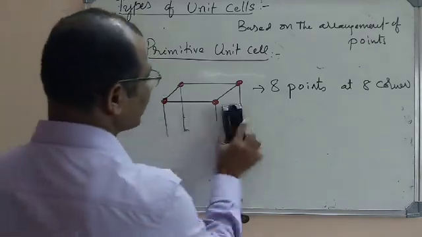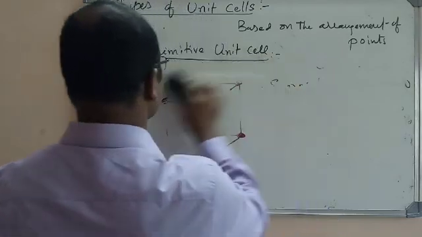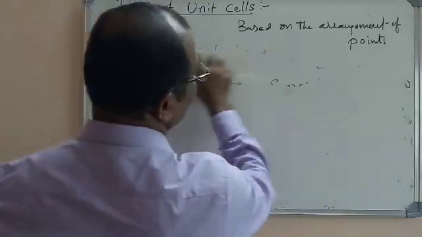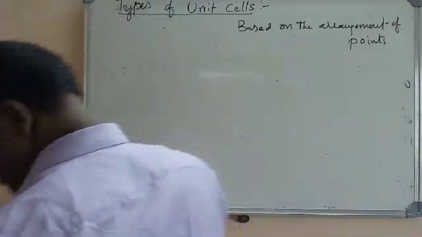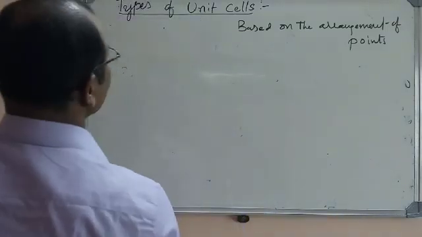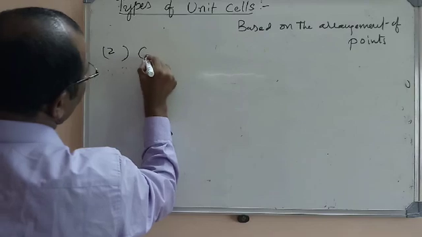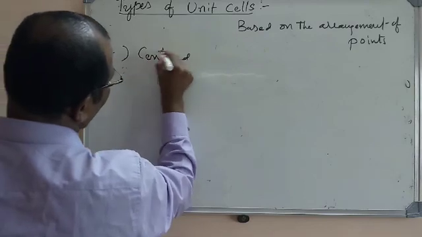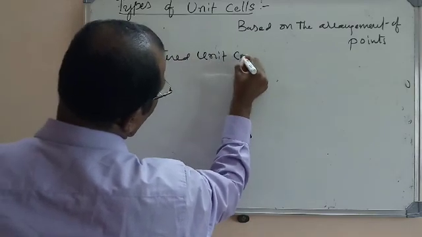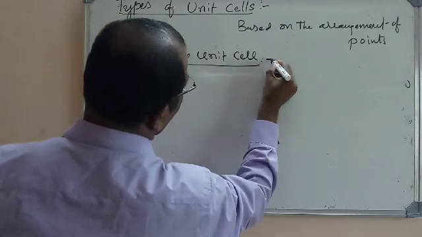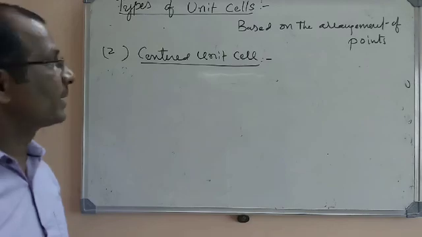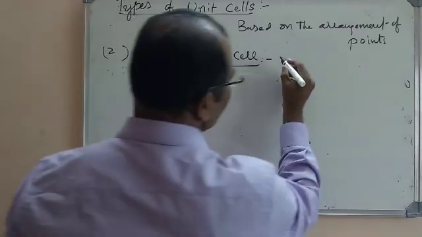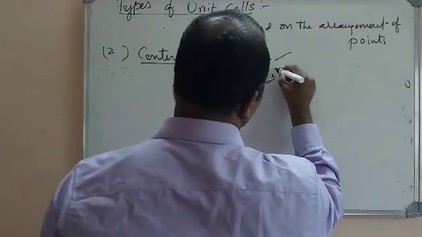Now let us go for the second type of unit cells. Just now I told you the second type of unit cells are centered unit cells. What is a centered unit cell? In centered also, just now I told you 3 types are possible.